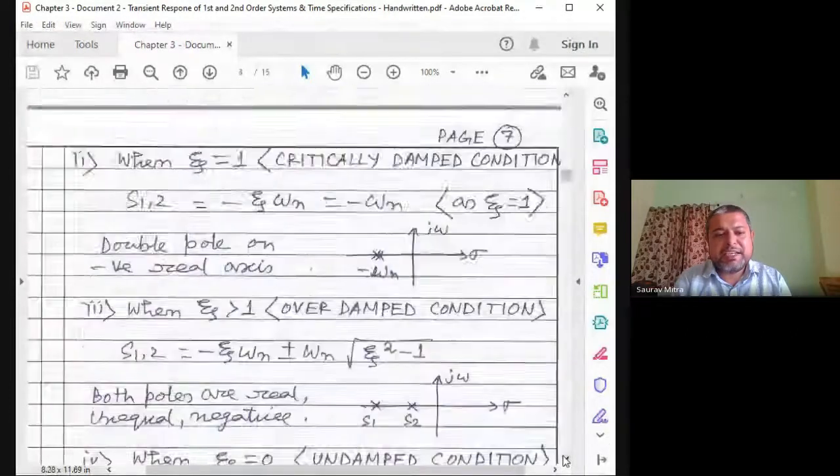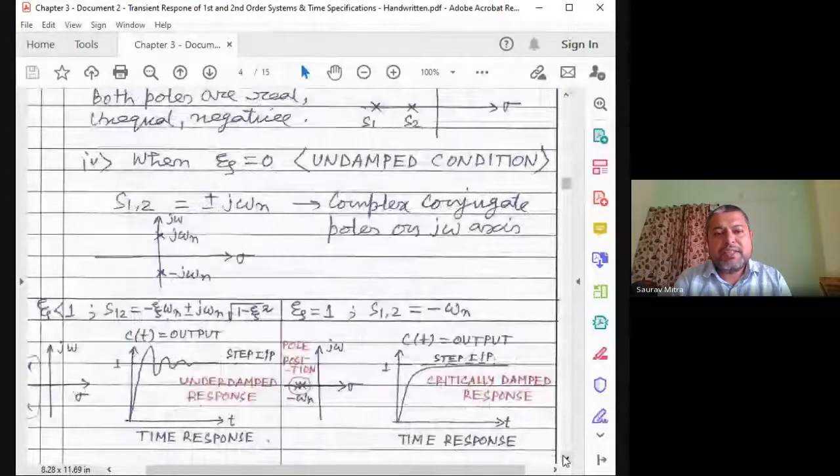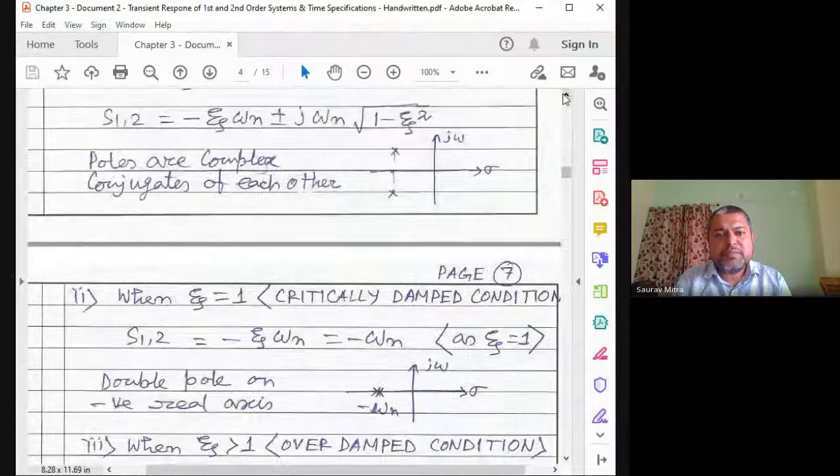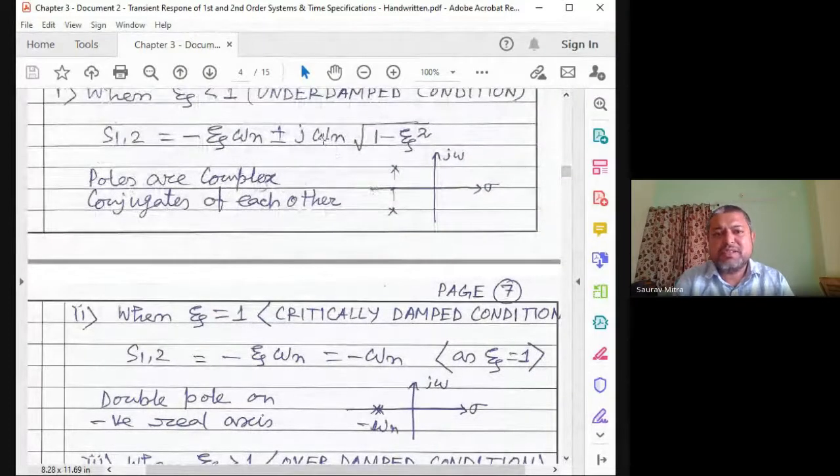In the exam, for the second case, you have to say that whenever zeta is in between 0 and 1, the poles are in the left hand side. So you substitute some value of zeta, let's say 0.2 or something. Both these terms will be there, that means something like minus 2 plus minus 3j might come.